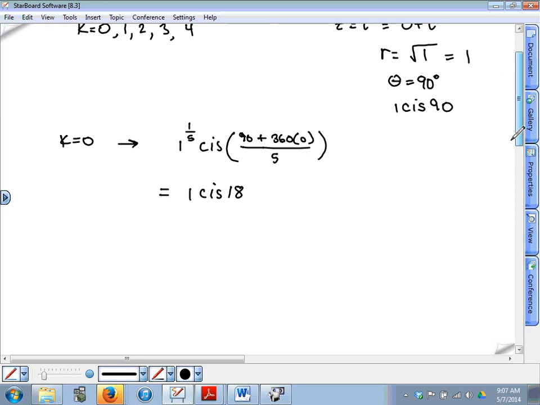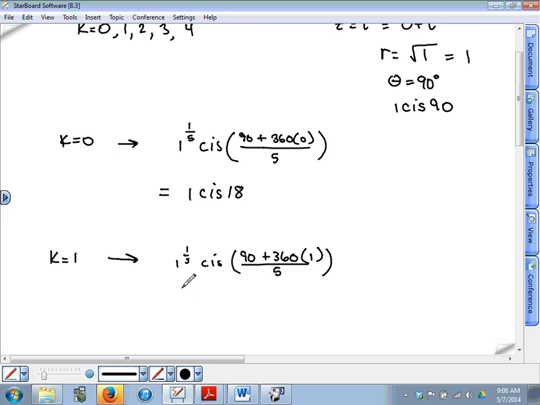And just for the sake of time, let's leave these in polar form so we can zip through all the other cases. If k equals 1, we're going to get 1 to the 1/5 cis of 90 plus 360. Now what do we do? 360 times 1, all over 5.